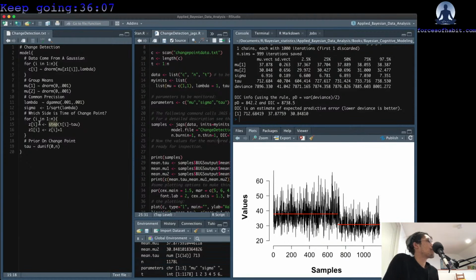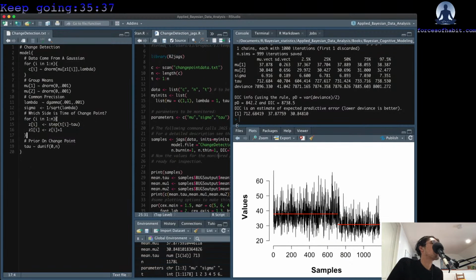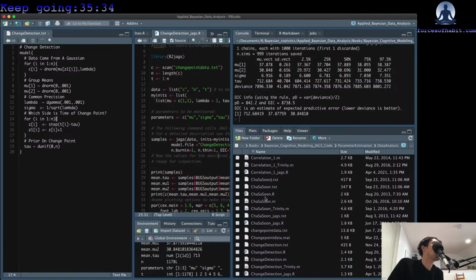So z is going to be equal to tau, the value at a given time point, the count at a given time point minus tau. I think. What's the data look like?